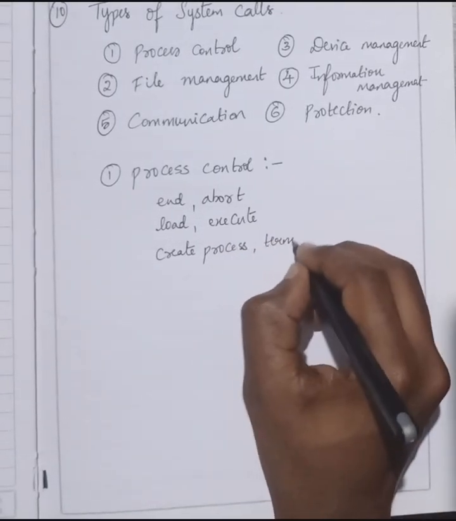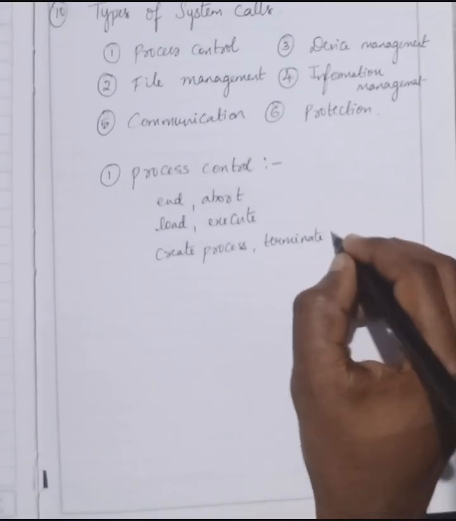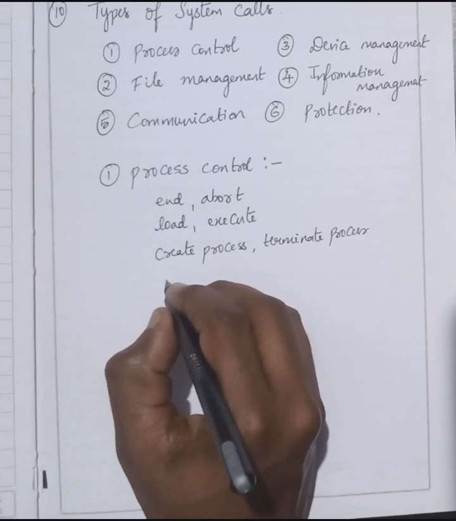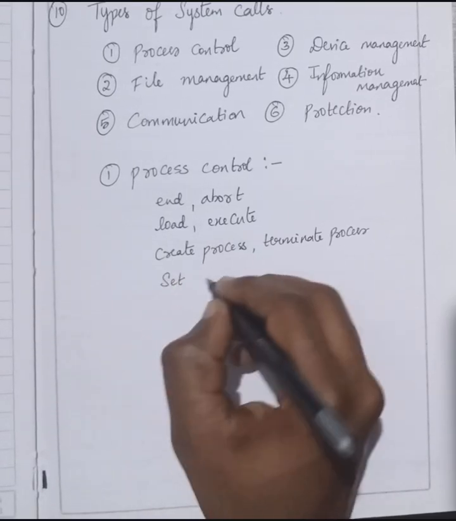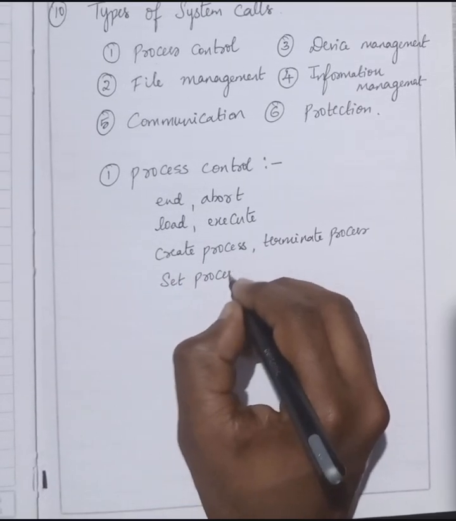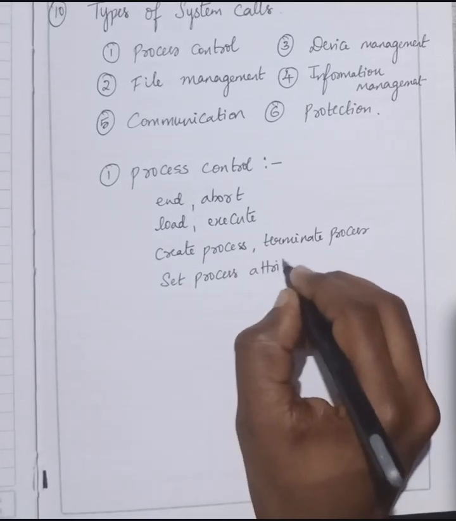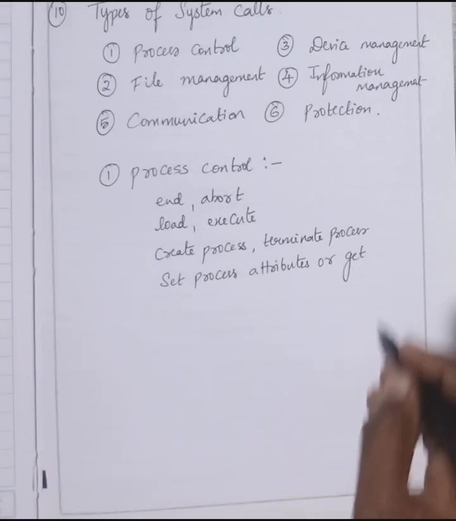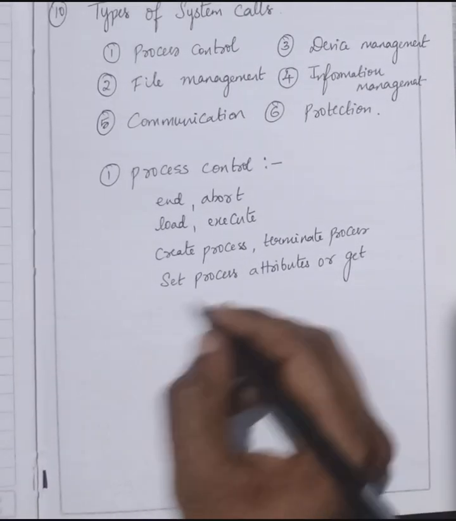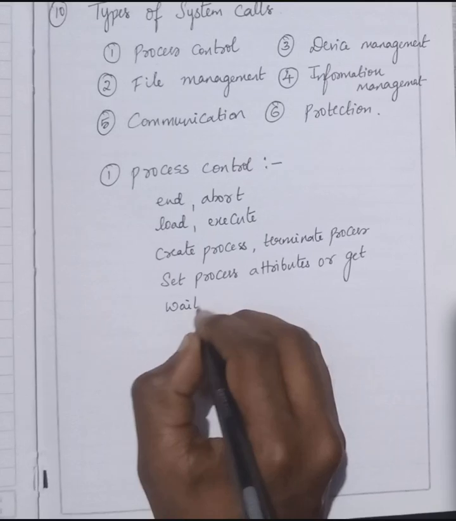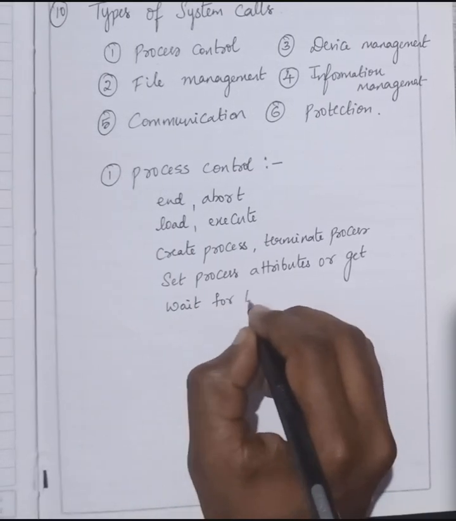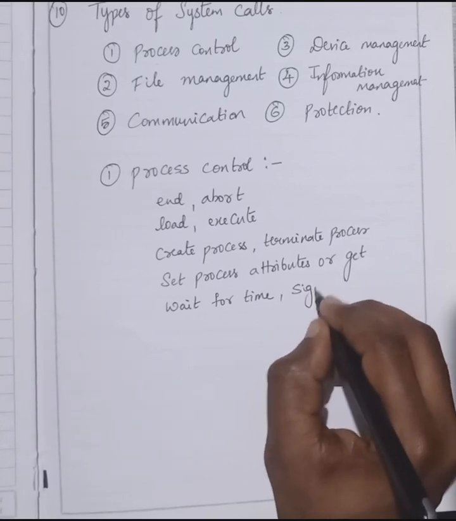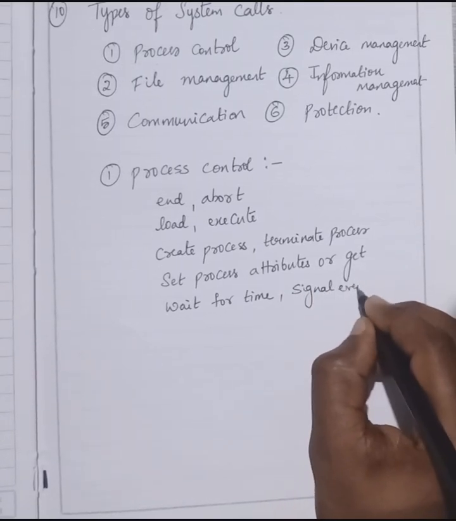Then if we want to wait for a given point of time in the process, there is one system call for that. Again, signaling an event, we can do that too.